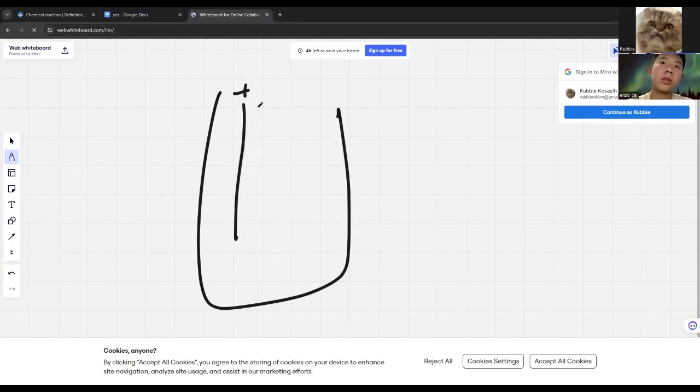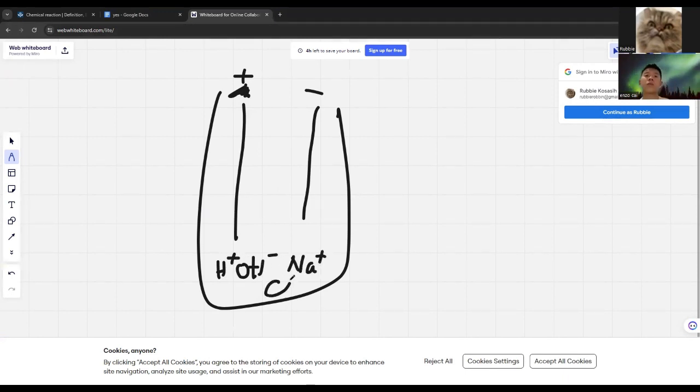Cathode plus, anode minus. So there is always hydrogen, hydroxide, and a plus sodium, and then Cl. There are rules for this, I'll explain later. Cl will be found in the anion, and it's not concentrated.